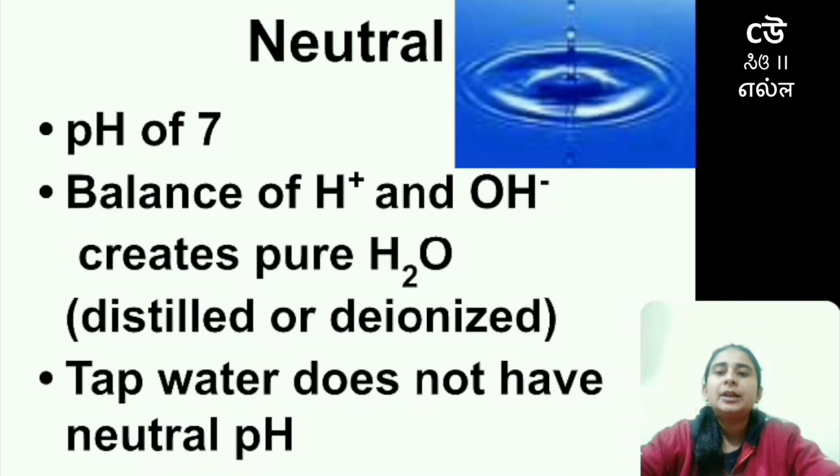After this, we'll talk about what neutral substances are. So neutral substances means that they will have a pH value of exactly 7. Then there is a balance of hydrogen and hydroxide ions in every neutral substance, and this creates pure H2O, that is water.